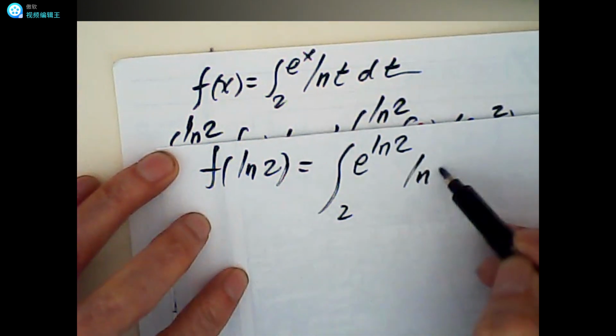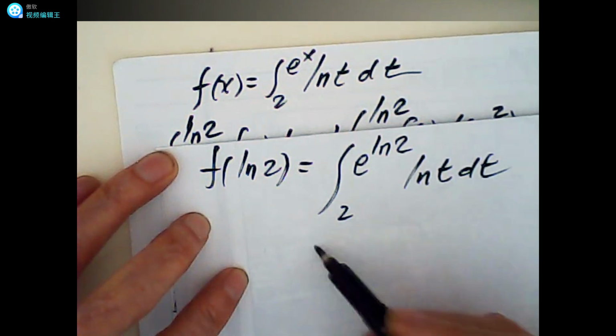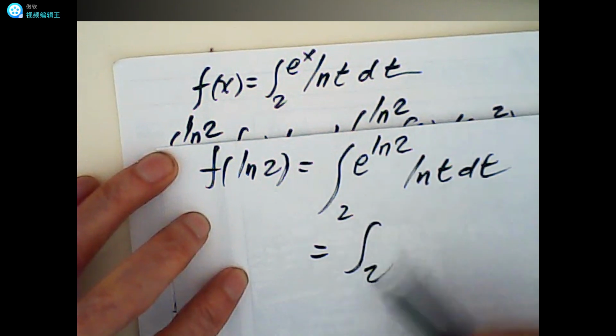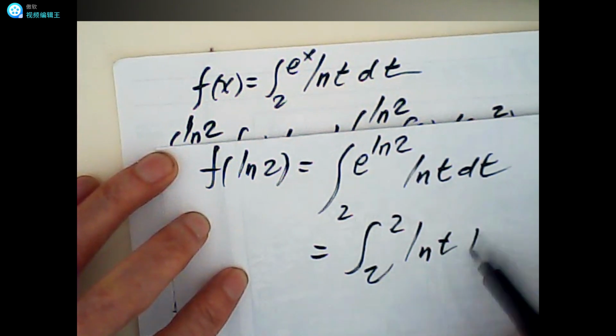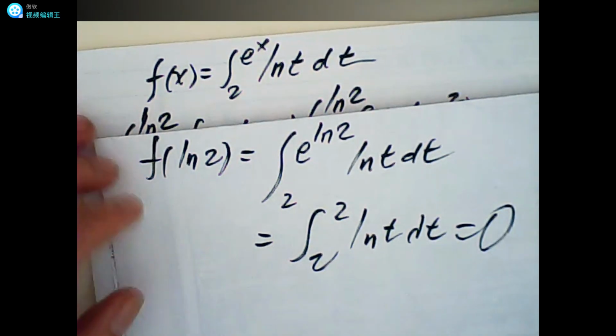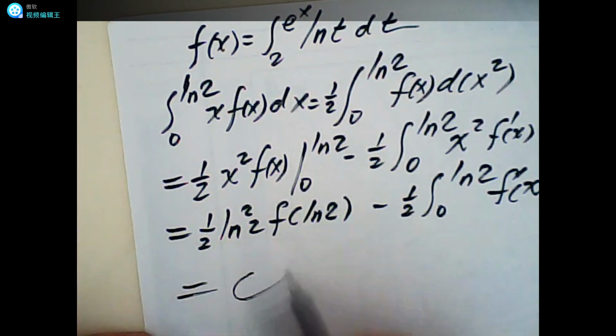And then log t dt, right? And e to log 2 is 2. So from 2 to, yeah, from 2 to 2 is 0, right? And from 2 to 2 is 0. Therefore, the whole thing is 0.